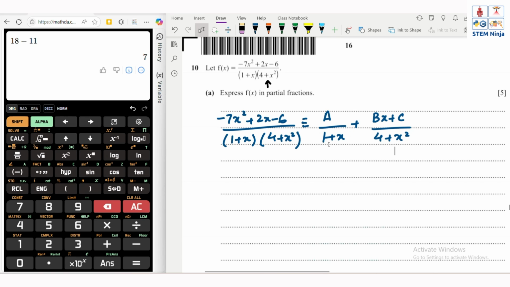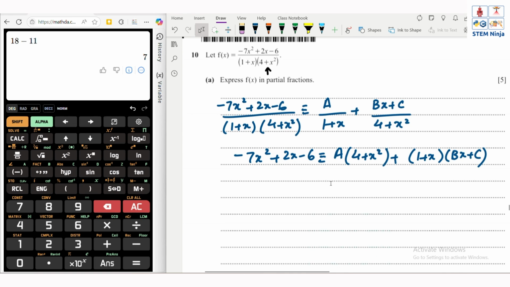So basically that means minus 7x squared plus 2x minus 6 is identical to a times 4 plus x squared, plus (1 plus x) times (bx plus c). Now, we have three unknowns over here, so we can plug in any values of x that can help us. So first off, we can go with x equal to minus 1.